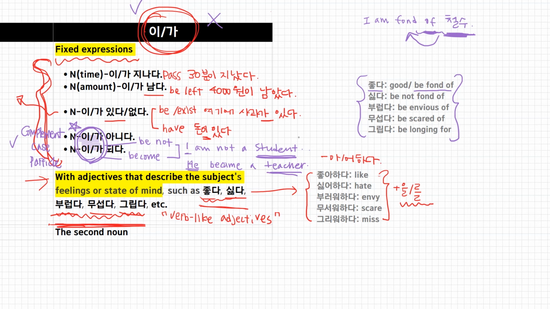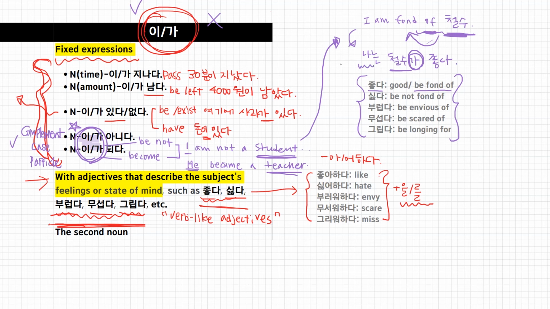We've just learned 이가 is not just the subject case particle, but also the complement case particle. Therefore, this sentence in Korean is 나는 철수가 좋다. Here, 철수 is the adjective complement. That's why 가 is attached. And here, 나 is the subject.